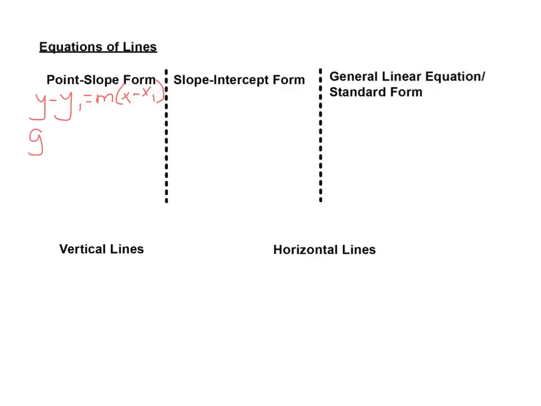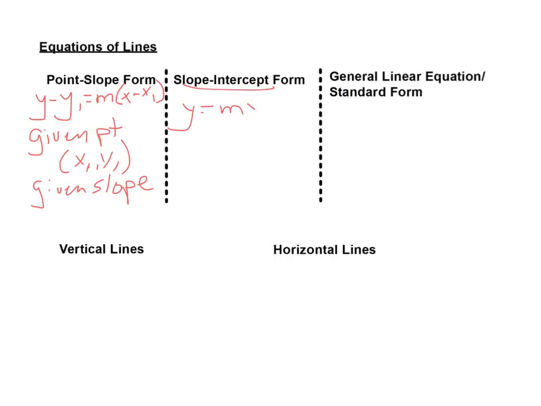That is if you're given the point x1 comma y1 and you are given the slope. Okay, that's when you would use that. Slope-intercept form, y equals mx plus b. Everybody uses that. That's your favorite Algebra 1 and even Algebra 2 form. That's when you're given the slope and you're given the y-intercept.